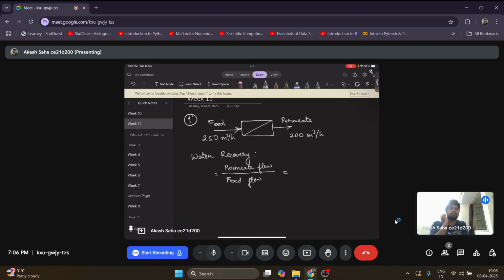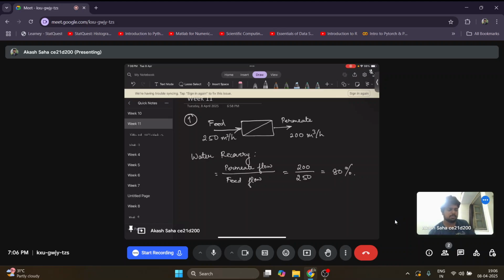So per feed flow, how much permeate we are getting. That's what gives the water recovery ratio. So it will be nothing but 200 divided by 250, that is equal to 80%. That's how we have to define the water recovery.